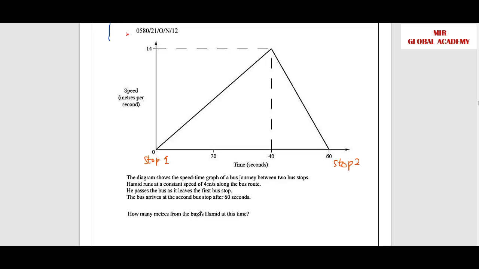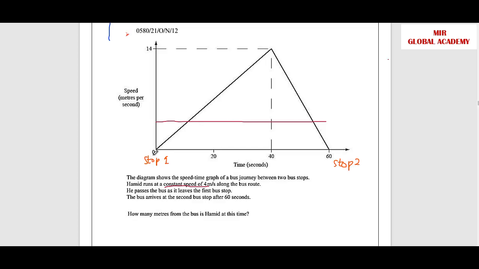How many meters from the bus is Hamid at this time? Suppose this is the speed time graph of Hamid. Because he is running at a constant speed, his speed remains the same for the whole journey up to 60 seconds. So this is a horizontal line.